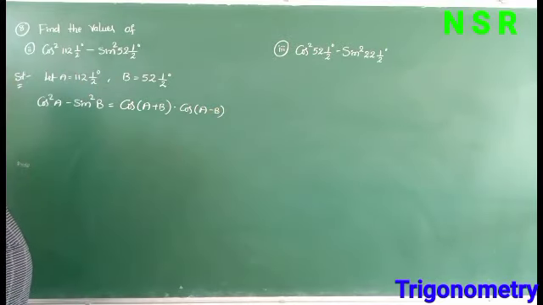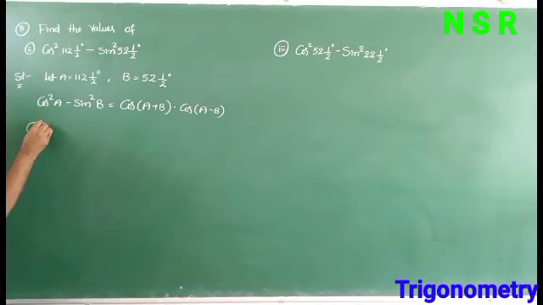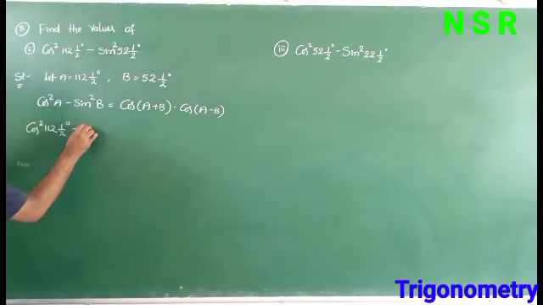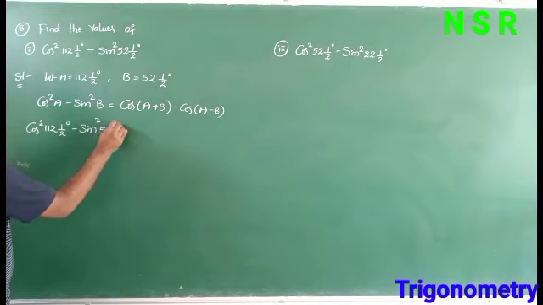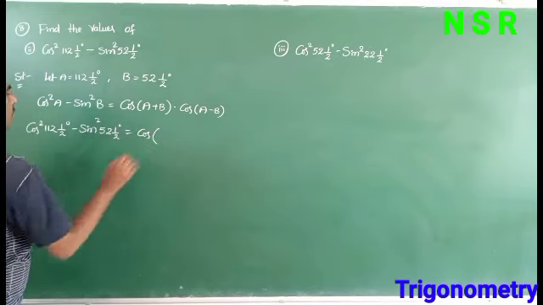So cos square 112.5 degrees minus sin square 52.5 is equal to cos of a plus b.